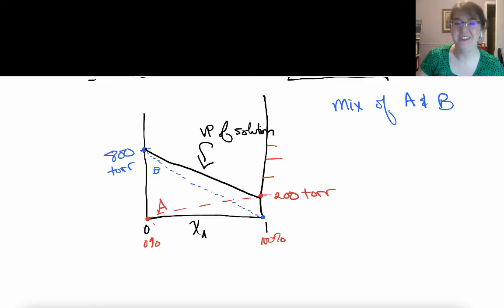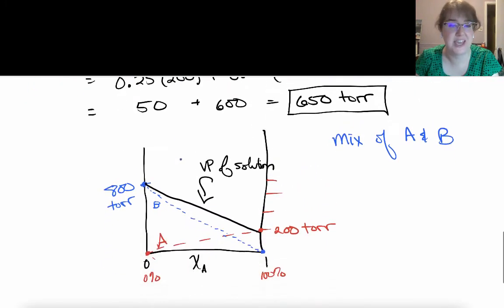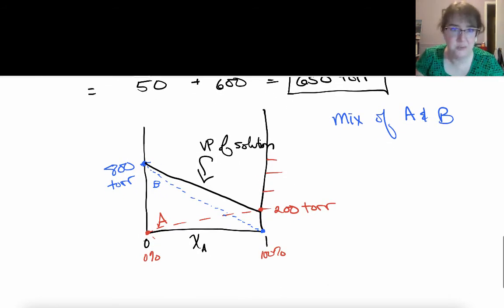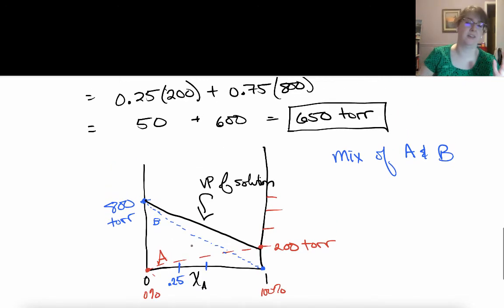So if we were really good, we could have a point on the graph where we were doing 25% A, or 0.25 mole fraction A. So here on my x-axis, where I'm describing the mole fraction, we're going to assume that this is about the halfway mark, my 0.25 amount of A. If everything was drawn perfectly, which we know it's not because I'm trying it by hand, this point right here would be 50, because when we were doing our math earlier, we had said that 0.25 of 200 torr was 50.